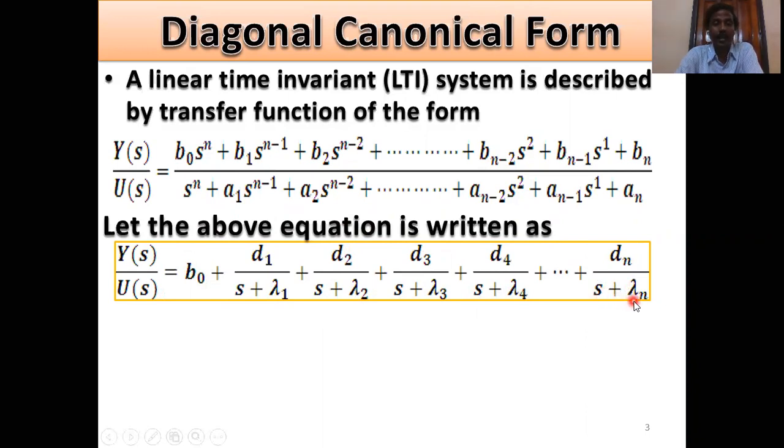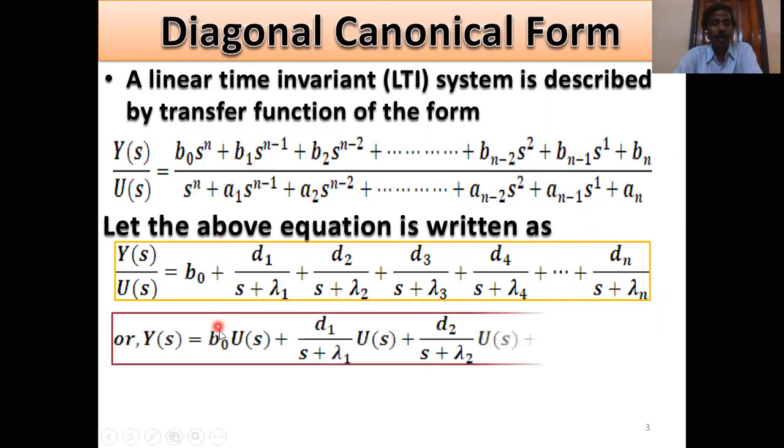In this case, lambda 1, lambda 2, lambda 3, lambda 4 up to lambda n are roots of the characteristic equation, or eigenvalues of the characteristic equation. So this is the partial fraction form of the transfer function for an nth order polynomial system.